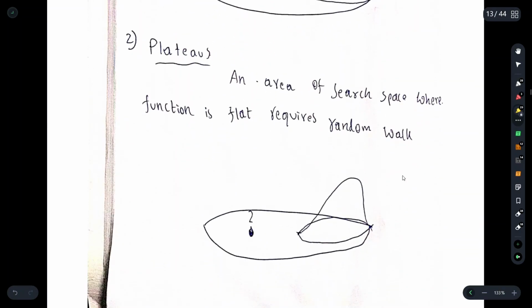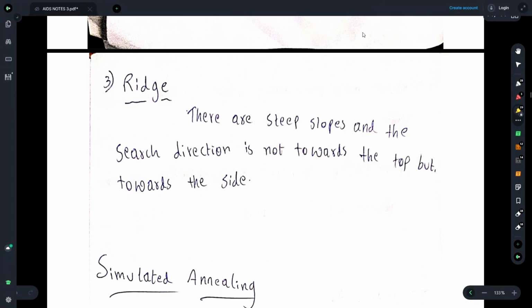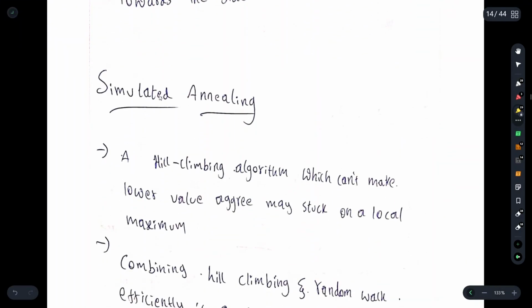With a plateau, to reach a particular hill we need to make room, or walk for some time to reach some particular place. A ridge is where there are steep slopes and the search direction is not towards the top but towards the side. Sometimes we need to climb down from one of the hills to climb up another hill. That is known as a ridge.